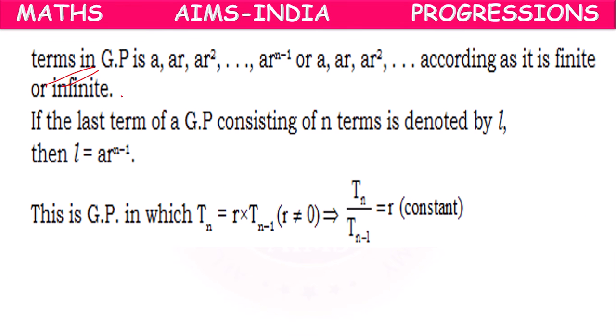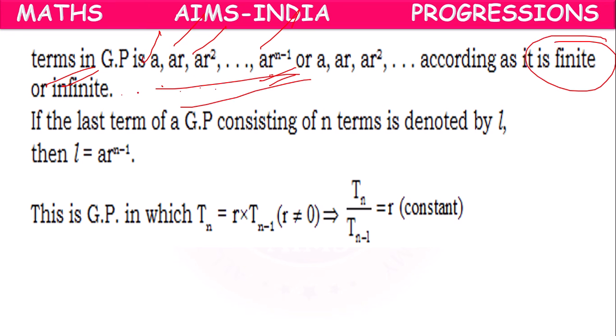So this is general form of GP: A, AR, AR square, up to AR to the power of n minus 1. But according to number of terms, it may be finite GP or infinite GP. If it ends with nth term, it is finite GP.